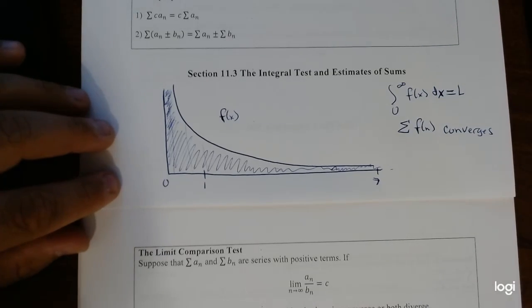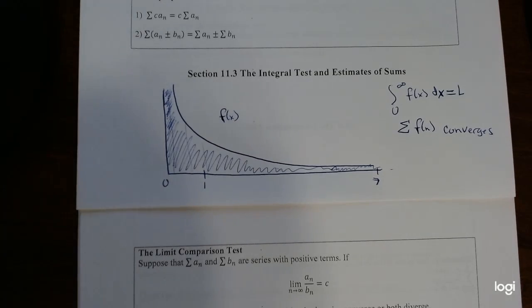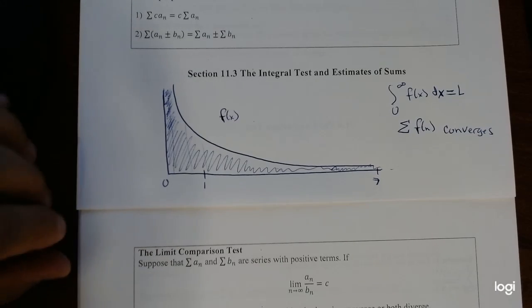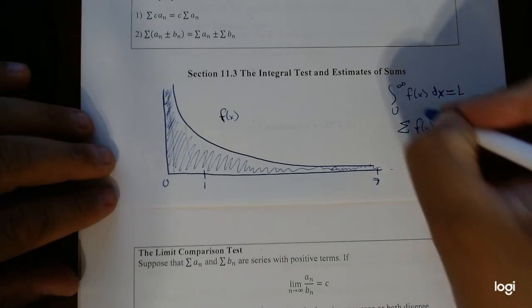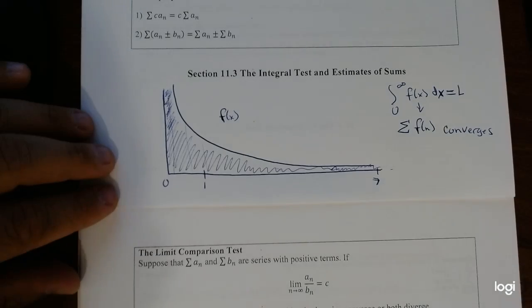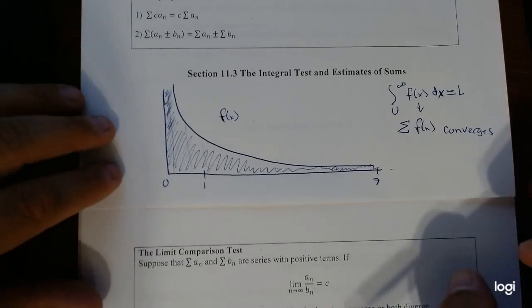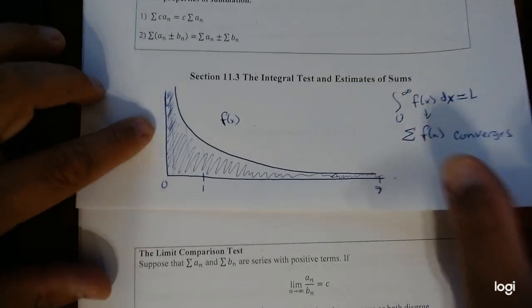And that's pretty much what the section is all about: if I can find the integral of the function itself, or in this case, the integral of the series itself, and if that converges to a single value, therefore, by default, the series also converges as well. So that's the concept of what's going to be happening here.